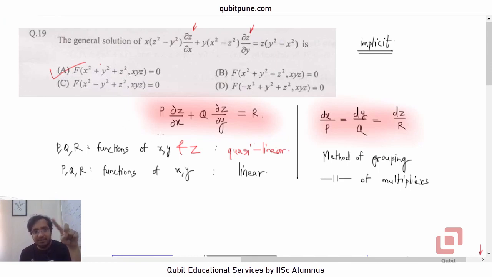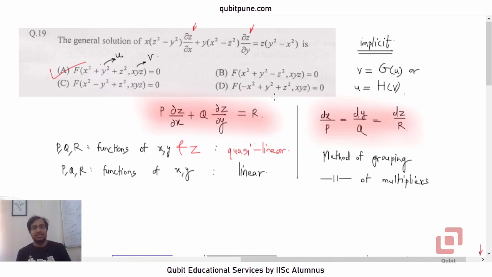In B.S. Grewal, if you refer to similar problems, they also write the solution in the following form. They call the first function u, and they call the second function v, and then they say it can be v as g of u, or u as some other function of v, say h of v, or collectively you can say the implicit function of them itself.